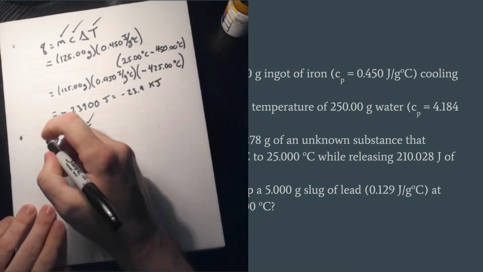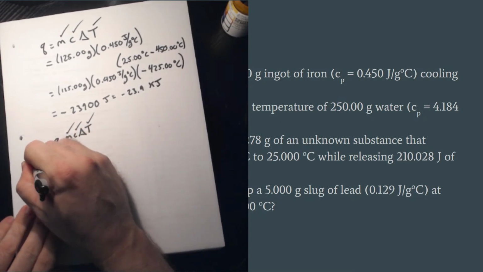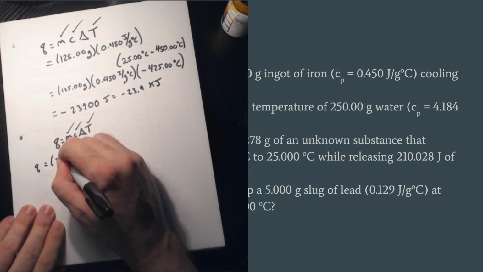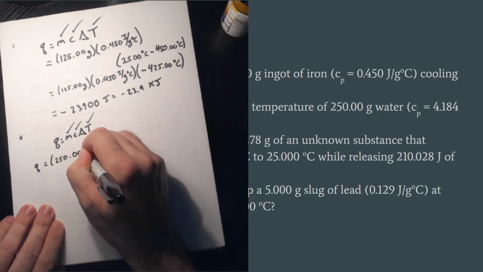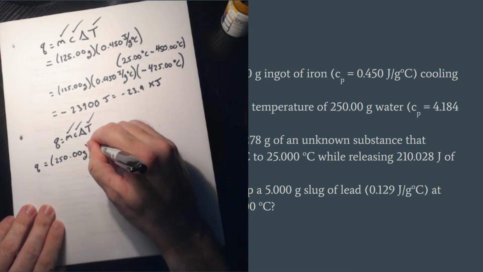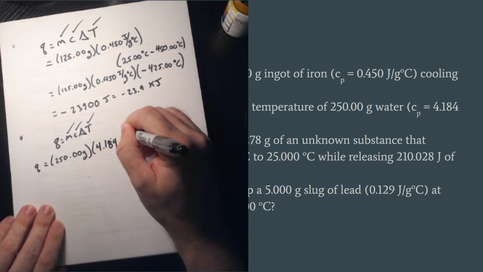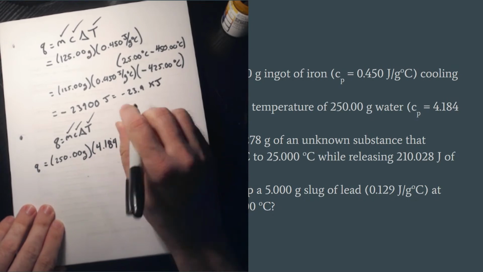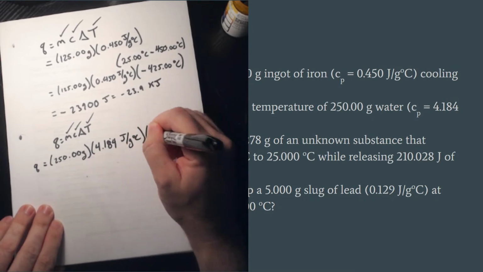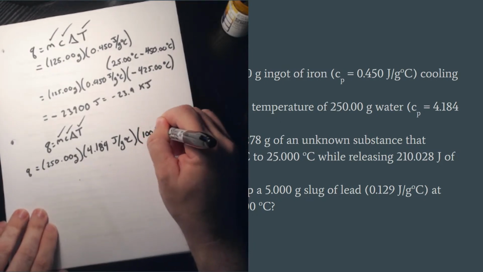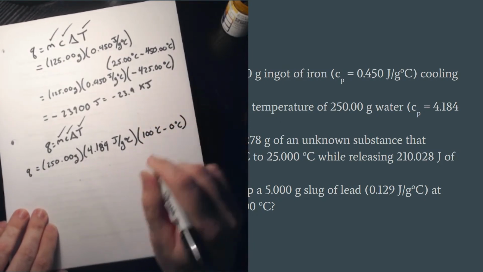Okay, so Q is equal to 250 grams times the specific heat capacity of water, 4.184 joules per gram degree Celsius. And our change in temperature, going from freezing to boiling, means 100 degrees Celsius minus 0 degrees Celsius. Okay.